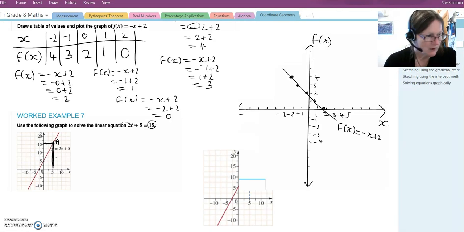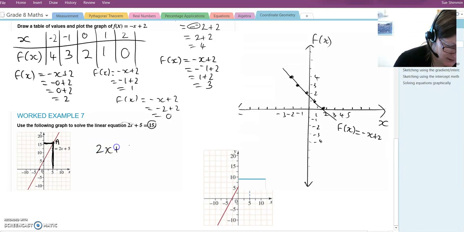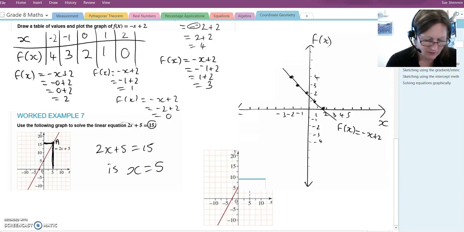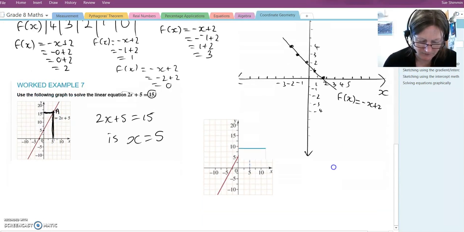So the solution to the linear equation 2x plus 5 is equal to 15 is x is equal to 5. Going over it again, we find where y is 15, go across till we hit the actual line itself, and then we take a line down to see what the corresponding x value is.